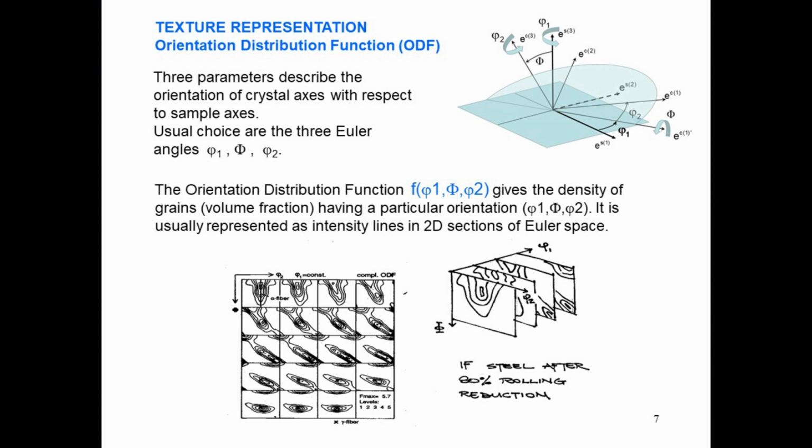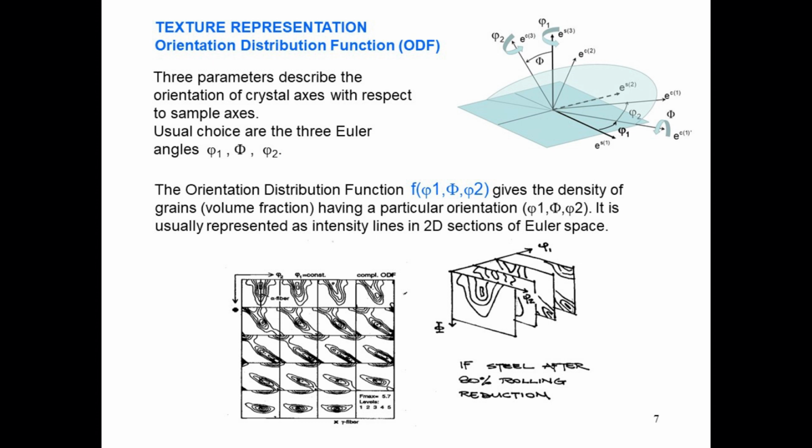First is a rotation around axis 3 by an angle phi1, then a rotation around axis 1 by capital Phi, and then another rotation around this axis by an angle phi2. So those three angles define the position of the crystal with respect to a reference system.